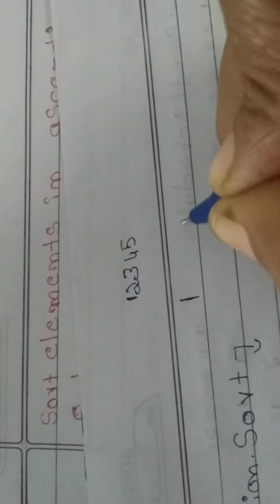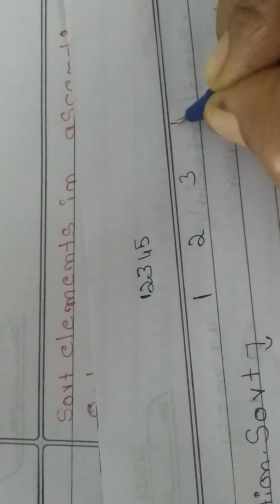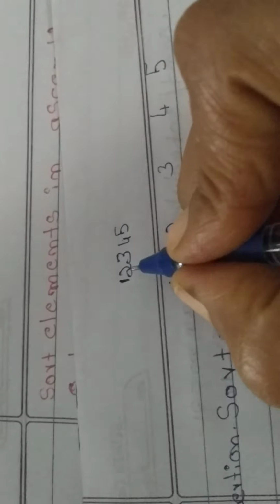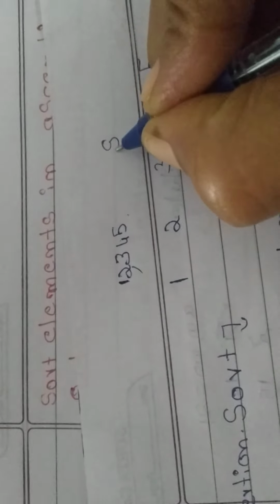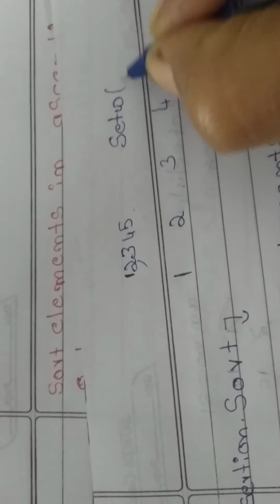Write down 1 to 5. Not 12345 without a gap. For that we will use set width, meaning gap. How much gap should be there, we will write here.